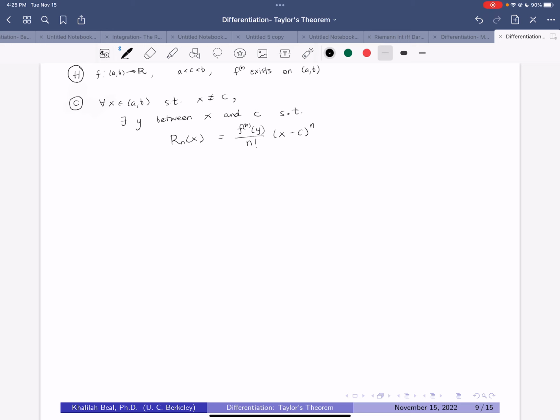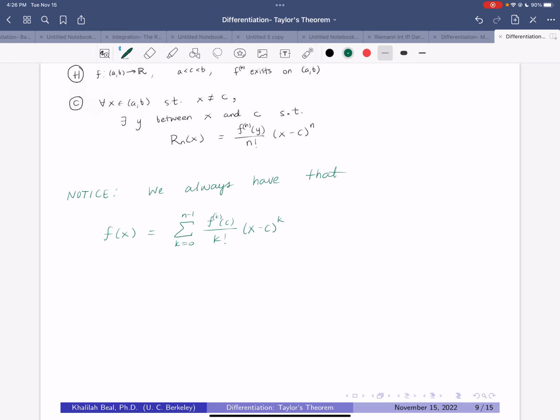We always have that f of x is equal to, and I can take it and write it as the nth partial sum, or the n minus first partial sum. So, okay, it's going to go from 0 to n minus 1. x minus c to the k, right?